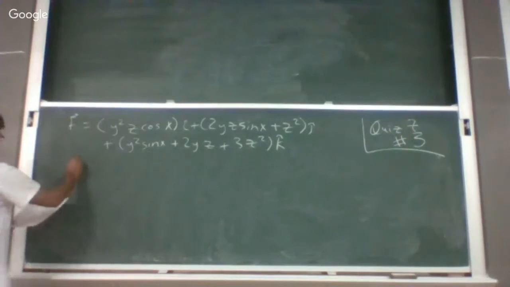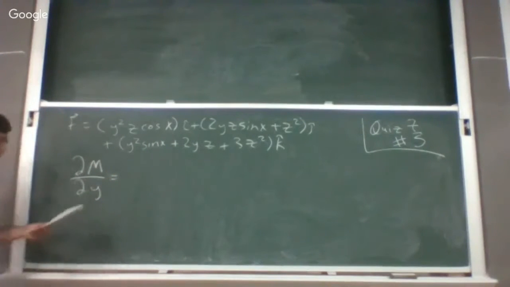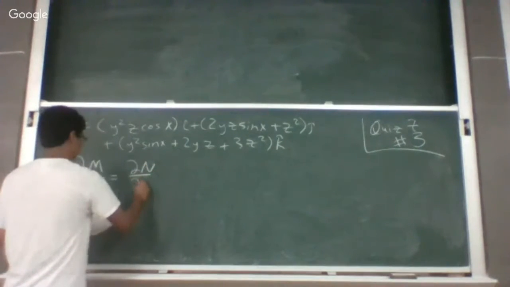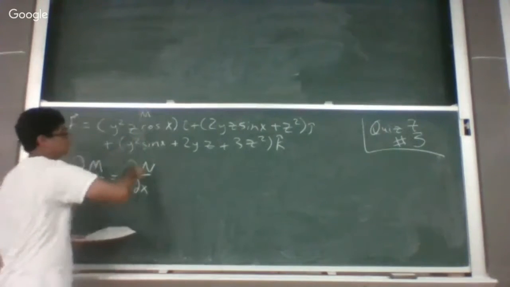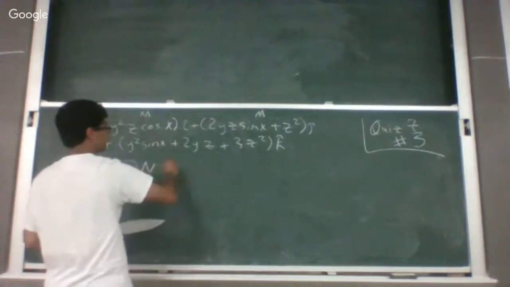So for this, essentially there are three comparisons we need to make. For the first one, we have the partial of M with respect to y. What does that have to be equal to? The partial of N with respect to x. Our M is always in front of the i component, our N is in front of the j component, and our P is in front of the k component.